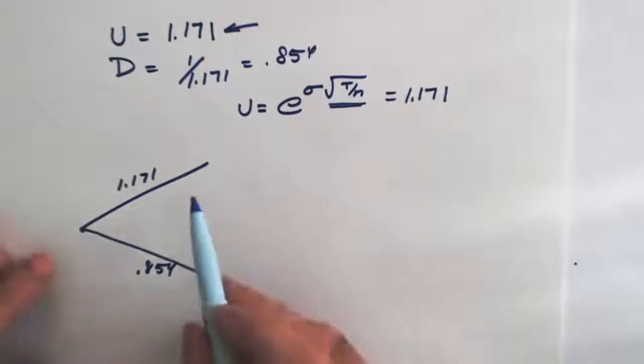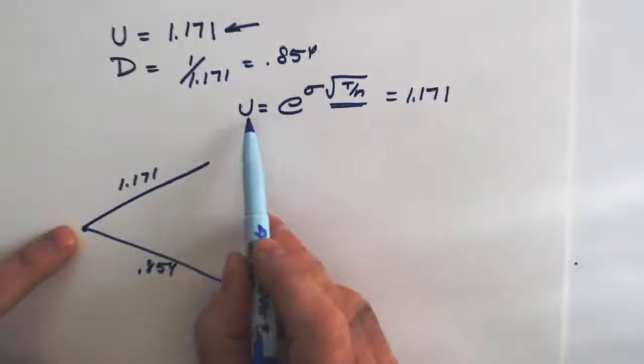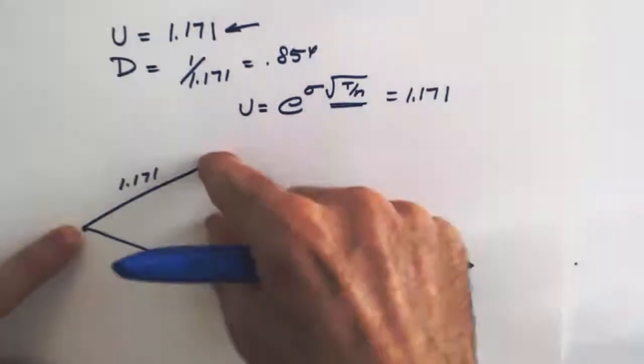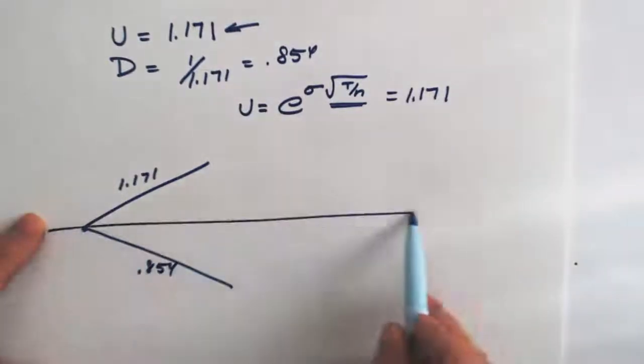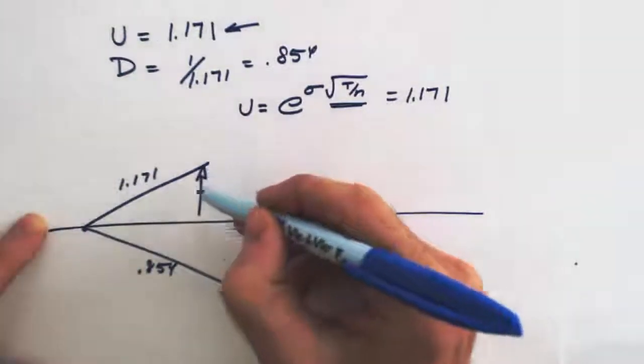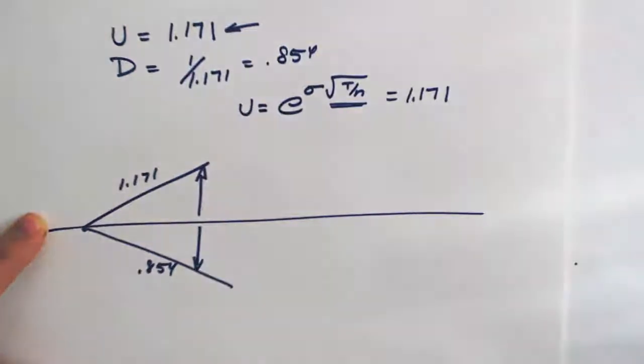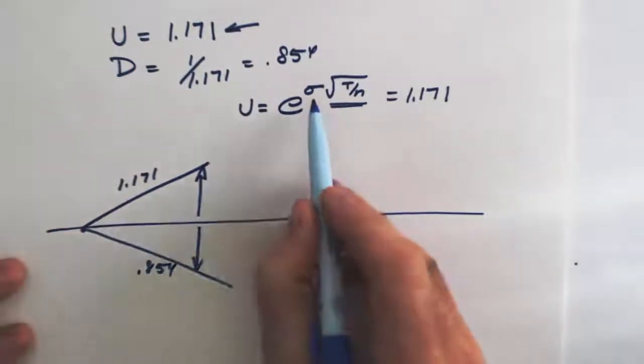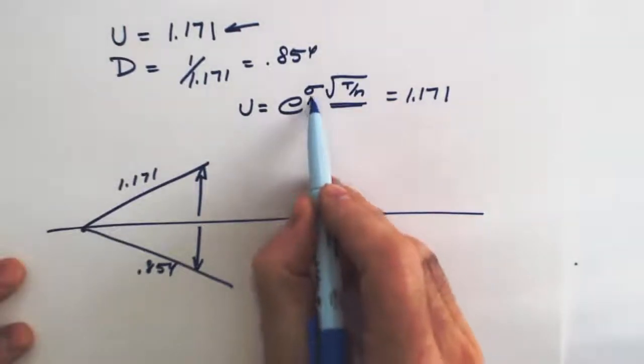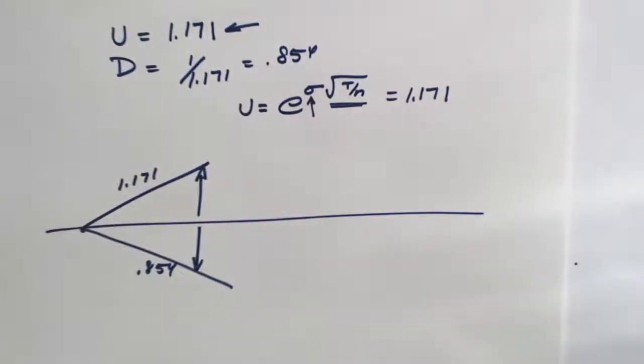Okay? So what you can see immediately is that the size of this step up and the size of this step down, in other words volatility, is a function of this standard deviation.